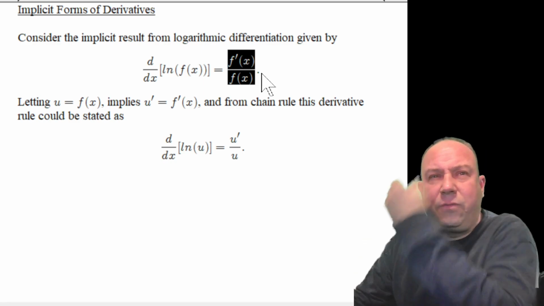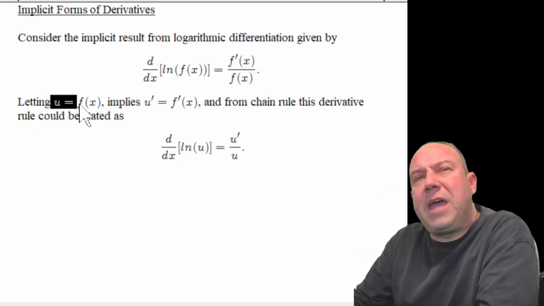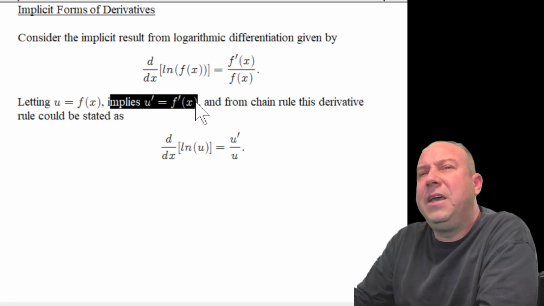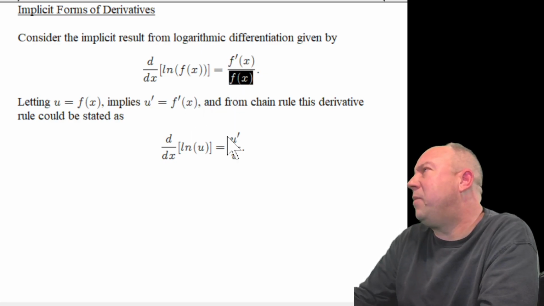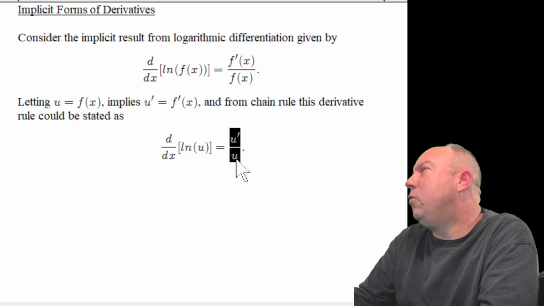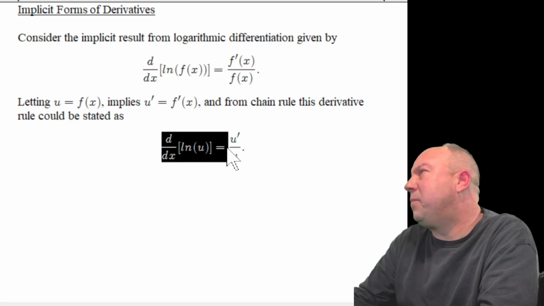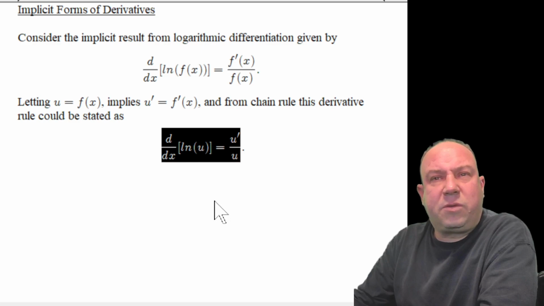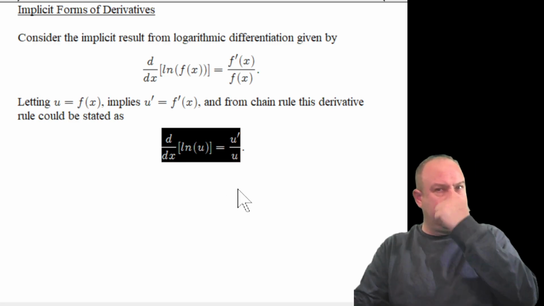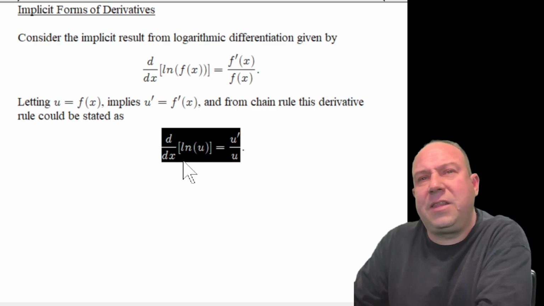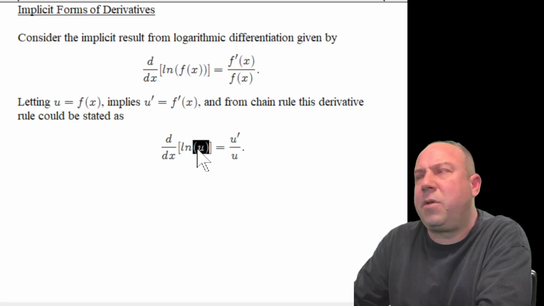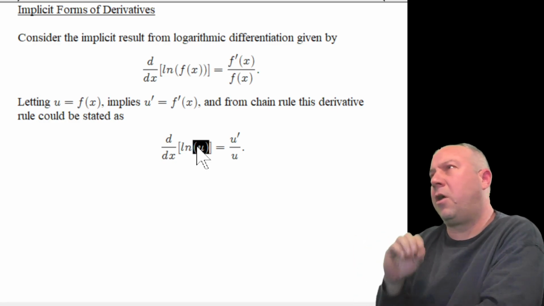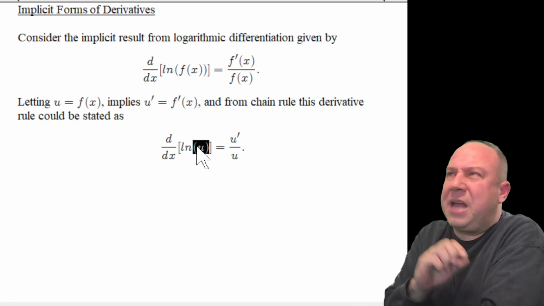If we consider u to be equal to f of x, that does imply u prime is equal to f prime, and we can substitute u and u prime for f and f prime and say something like the derivative with respect to x for the ln of u. We can certainly see on the left-hand side that our derivative variable and the argument of our function are simply not matching.